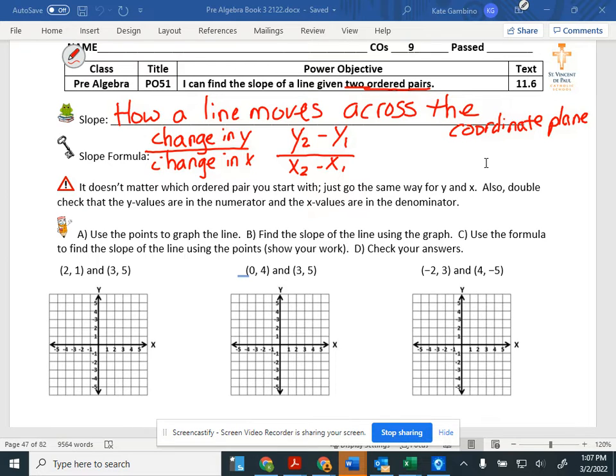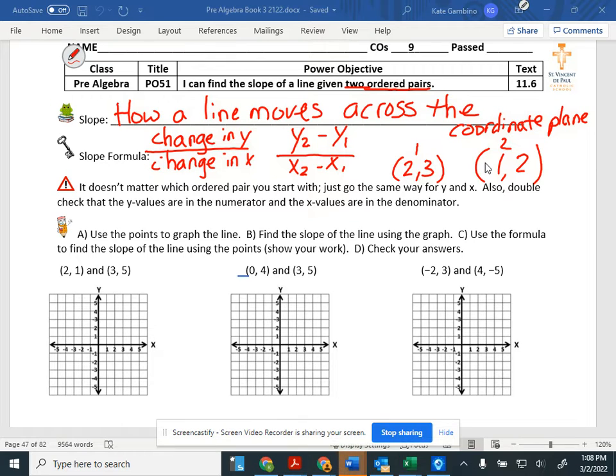So if we had this ordered pair and then we have this ordered pair, it doesn't matter which ordered pair we mark as 1 and which ordered pair we mark as 2. We could say this is our 1 and this is our 2.